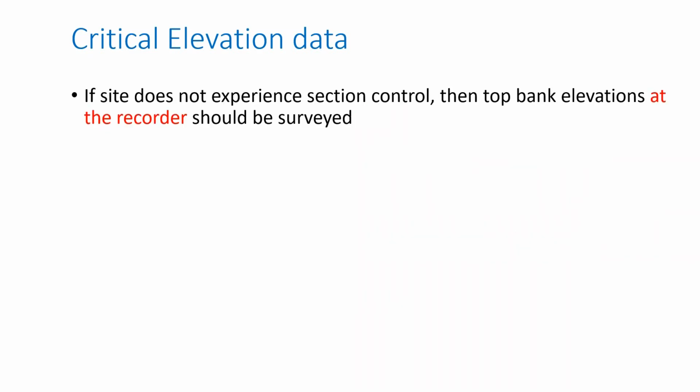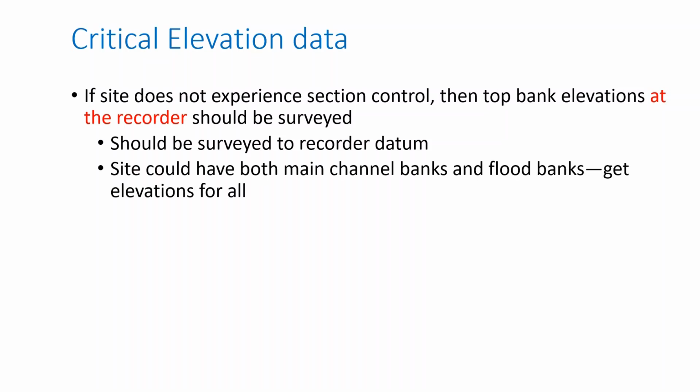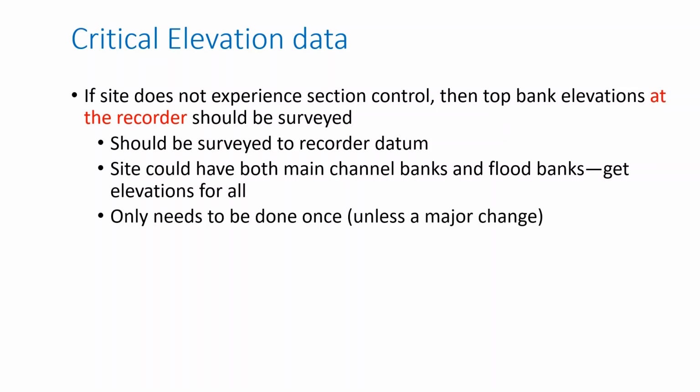If the site does not experience section control, in other words, it just has channel and overbank control, the surveyed section should be at the recorder. Because there's no control as such defined, you can just do it right where the recorder is. It should always be to recorder datum as before, and it should include the main channel and flood banks to get all those elevations.